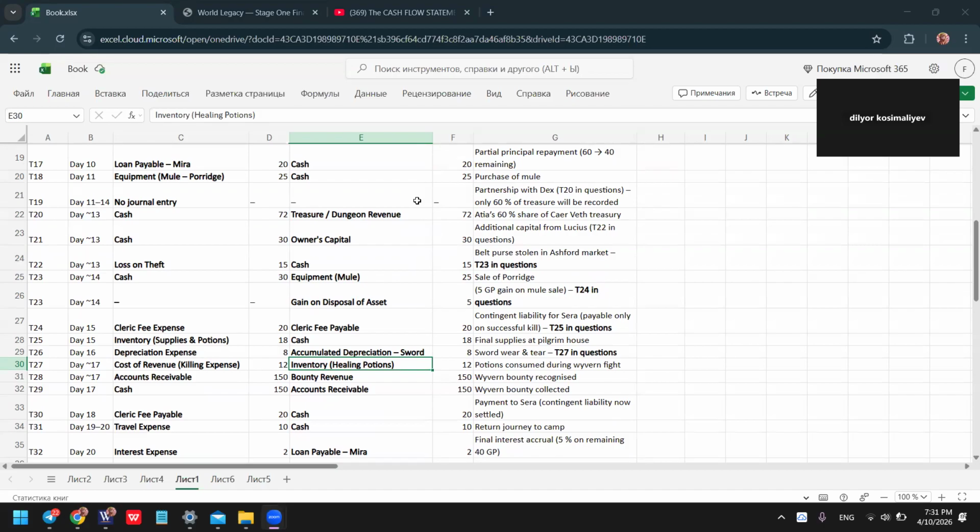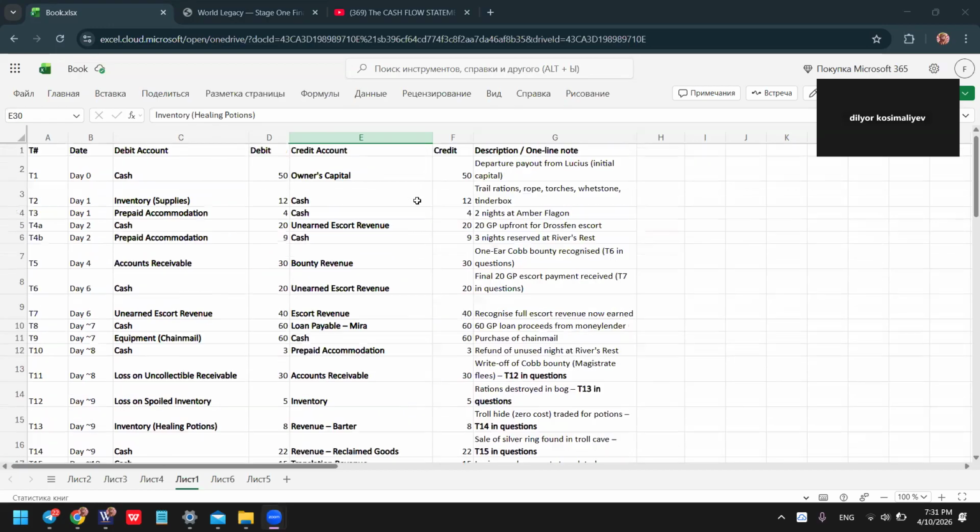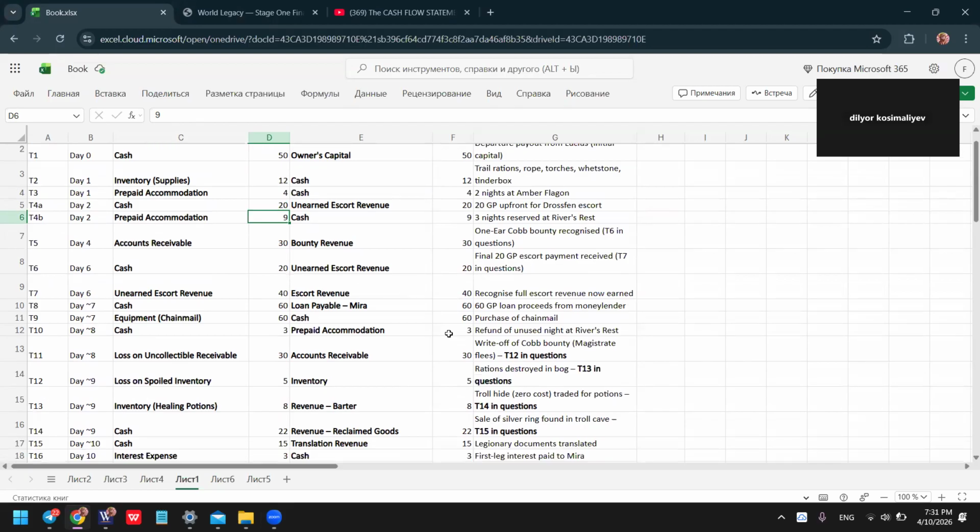So now what we do is we calculate the days that Atia was supposed to stay and the days that she reserved for the stay, but she didn't use the dates. So the starting is 9, so she paid first in 9, and it's for 3 nights, so 3 per night.